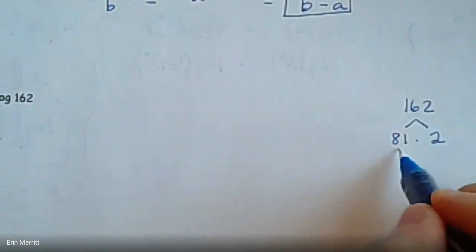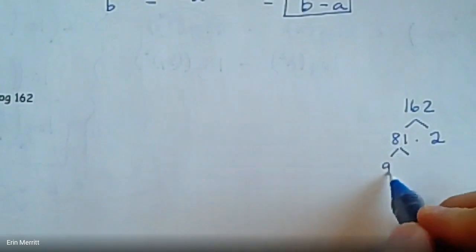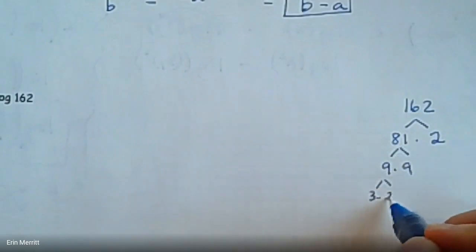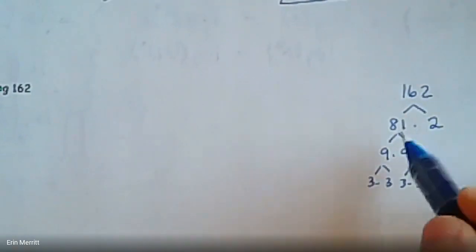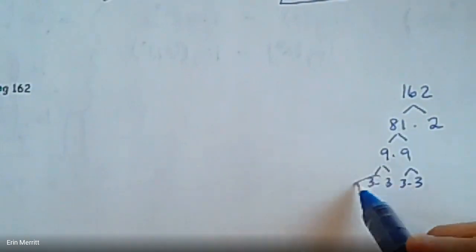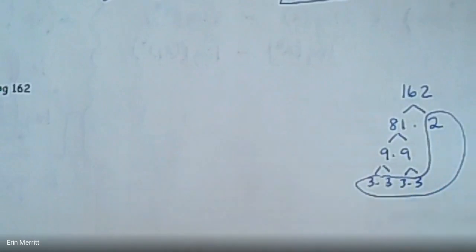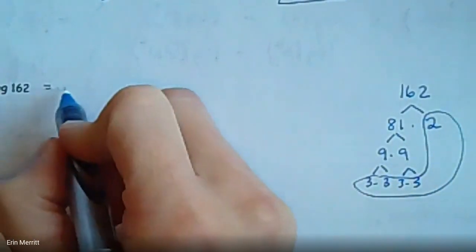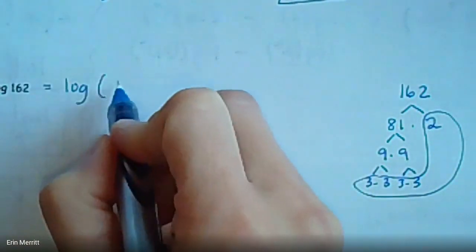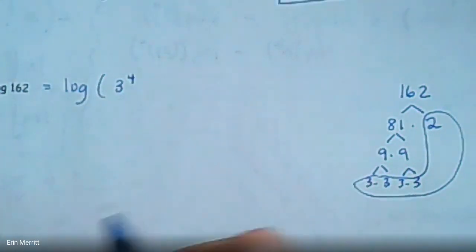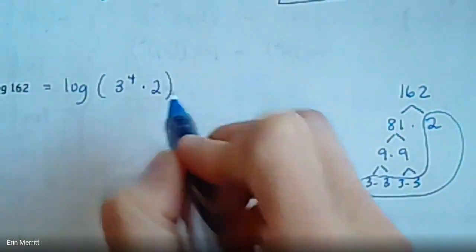And then I could even play the game. 81, we know, is 9 times 9, 3 times 3, right? So you might have been like, hey, wait, I know 81 is 3 to the 4th. Well, that's why. So I'm going to rewrite this. This is the same as log of 3 to the 4th power, and then times 2.